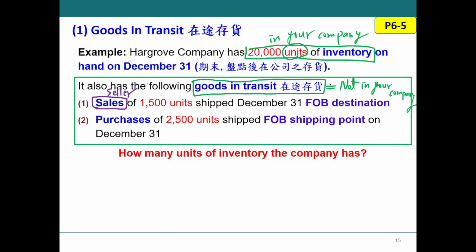Since you are the sellers, then FOB destination, who has these two apples? Destination told you the two apples belong to sellers, right?